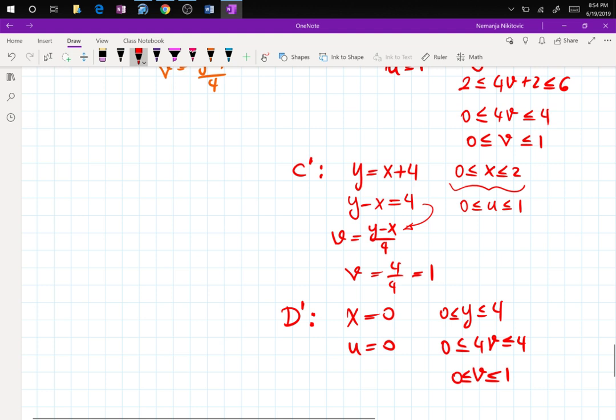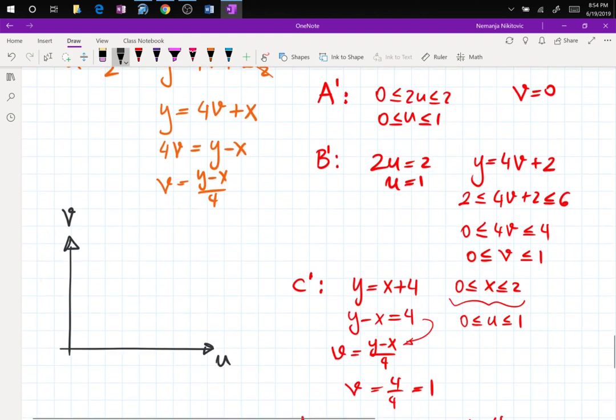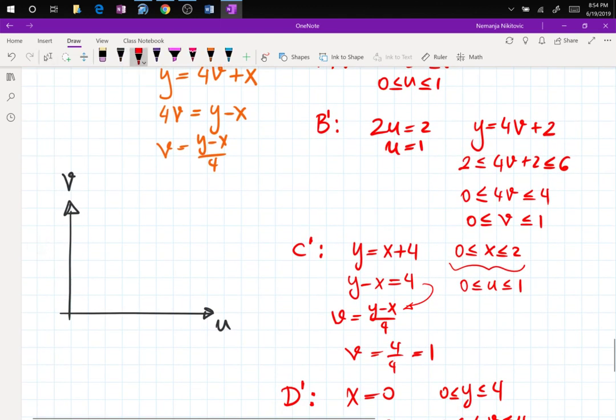So now we draw the picture. Now this is going to be our uv realm. A prime, v equals 0, and u 0 to 1. So let's say this is where 1 is.